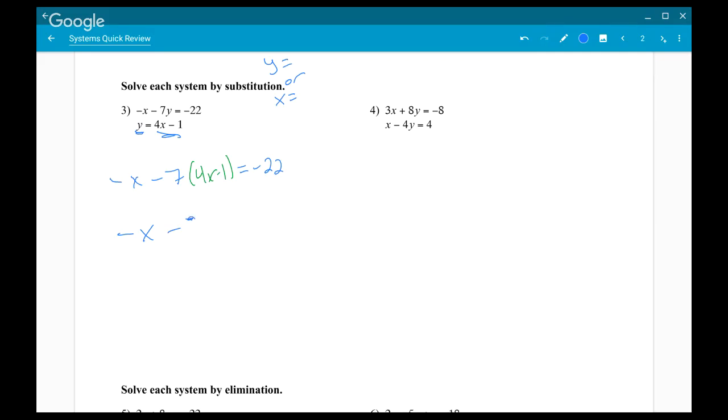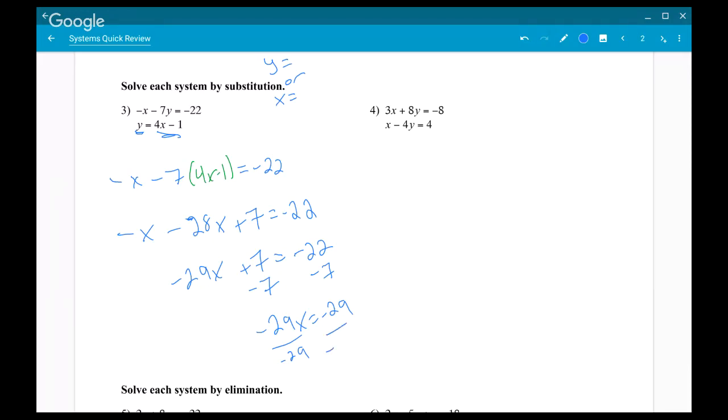You're going to distribute, so I get negative 28x plus 7. I'm going to combine my like terms. Those combine to negative 29x. I'm going to subtract 7. I got negative 29x equals negative 29. And I think we can probably figure it out from there. Divide by negative 29. I got x equals 1.